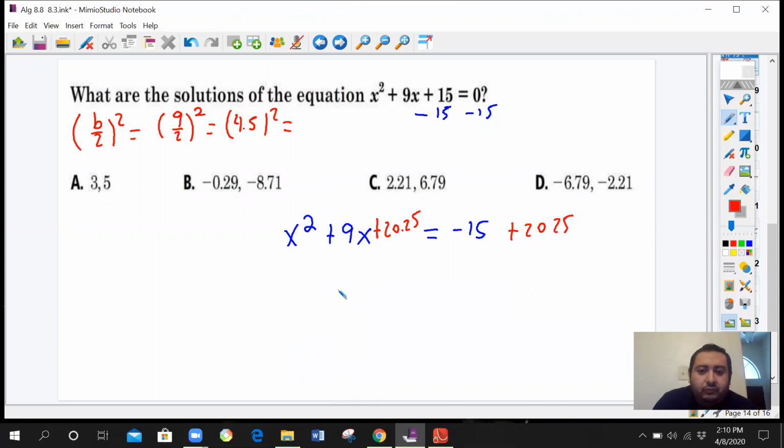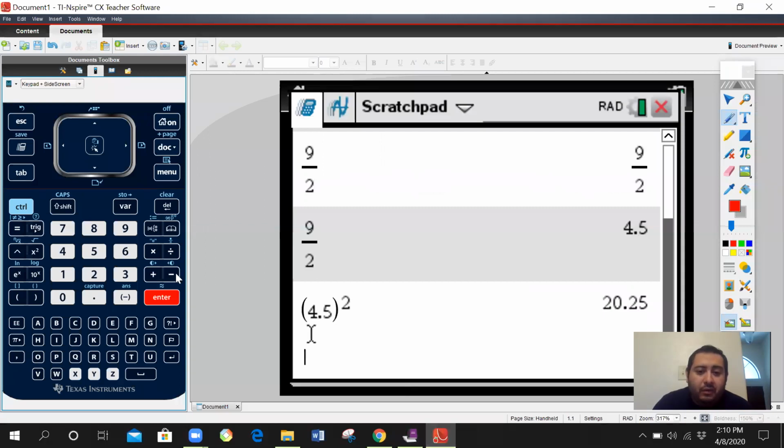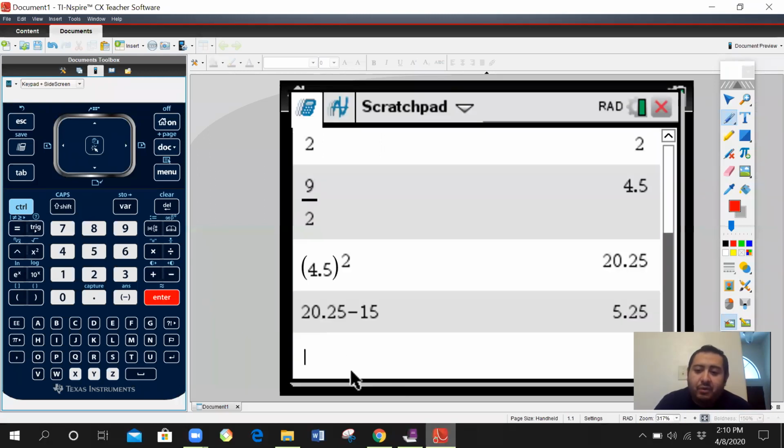All right. So we could make this squared and we could have this as an x. All right, let's see. So let's subtract this one with 15 and we get 5.25.